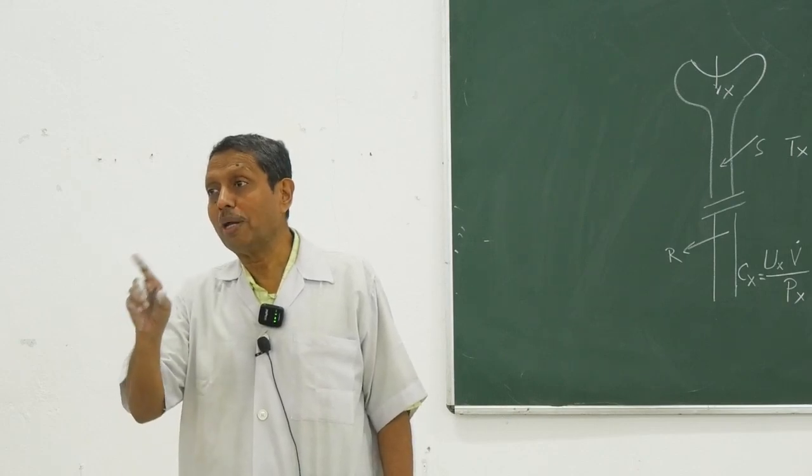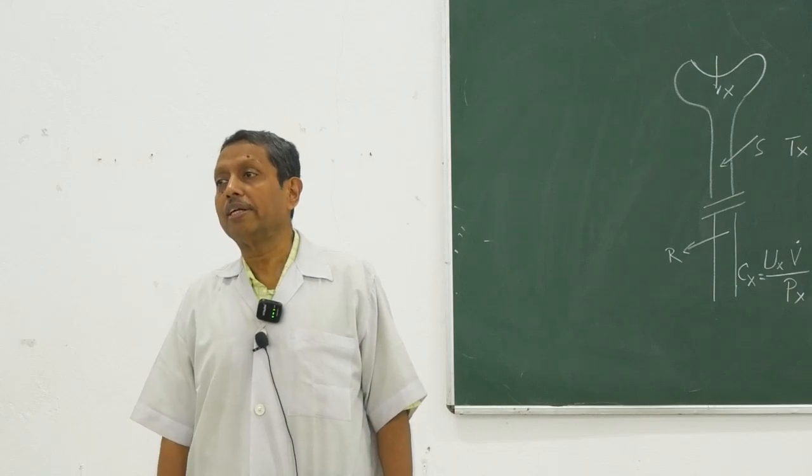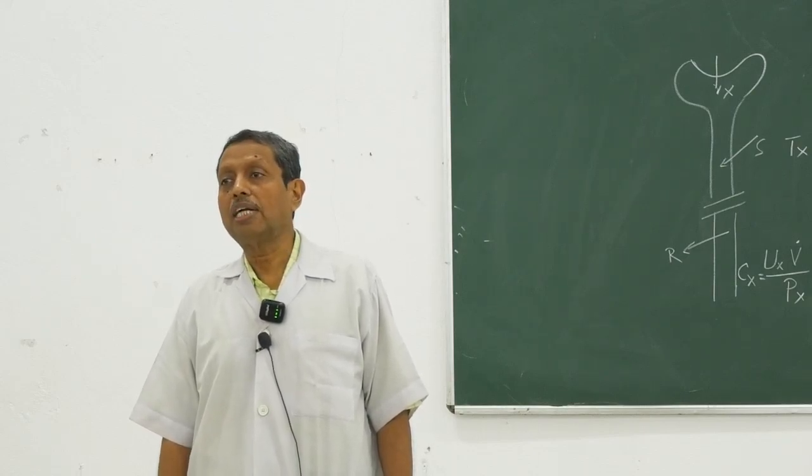So its clearance is equivalent to that of the glomerular filtration rate, and the gold standard is inulin.